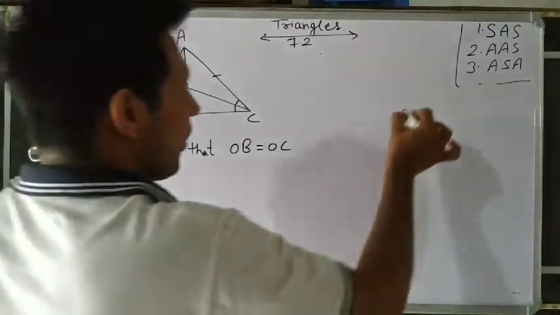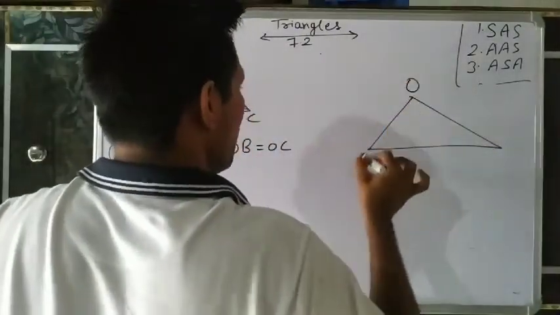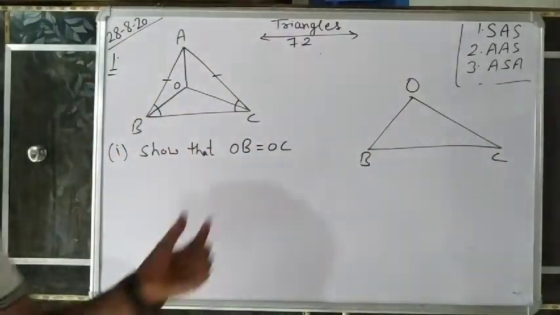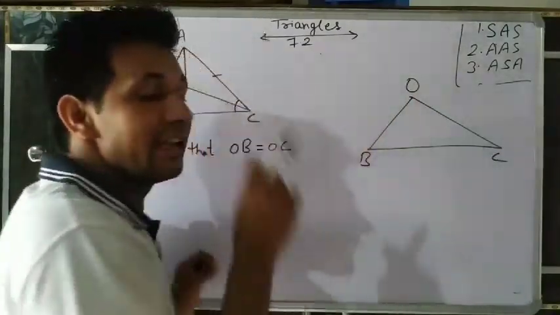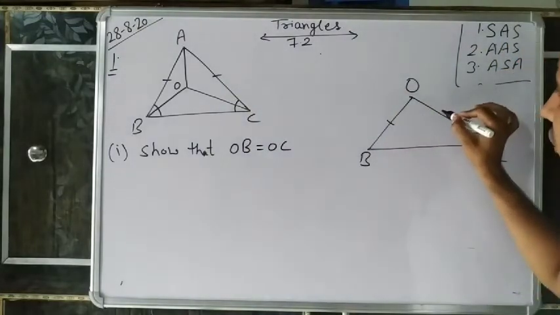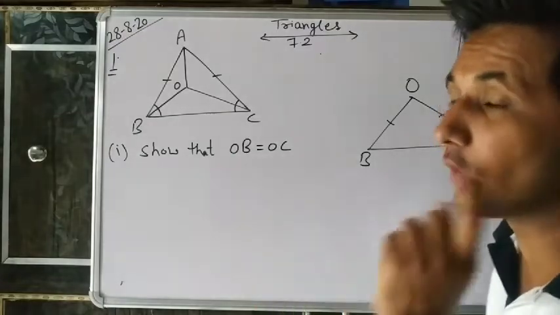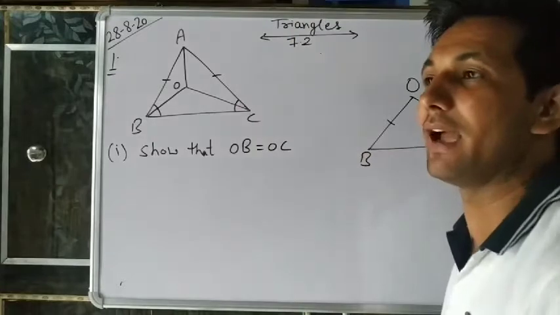So it means triangle O, B, C. You want to prove that OB equal to OC. If in any question you want to show that two sides are equal, OB equal to OC, how can you show that? We have already learned that the sides opposite to equal angles are always equal.